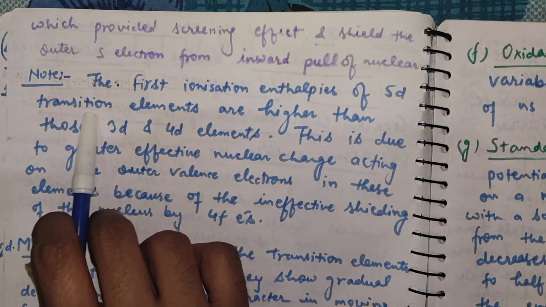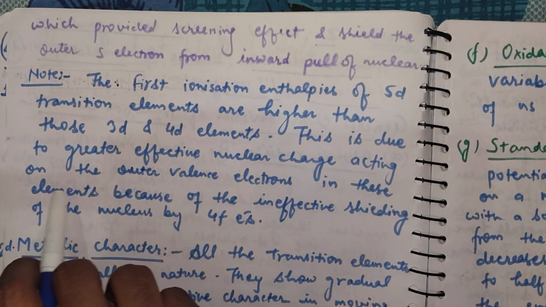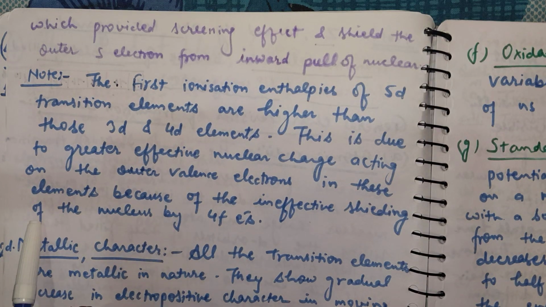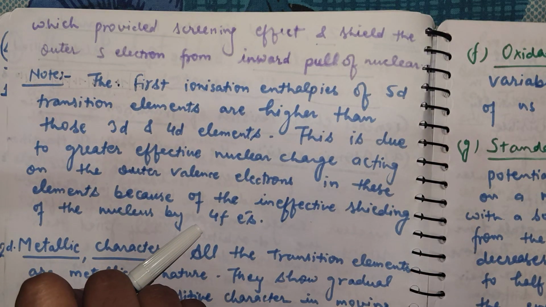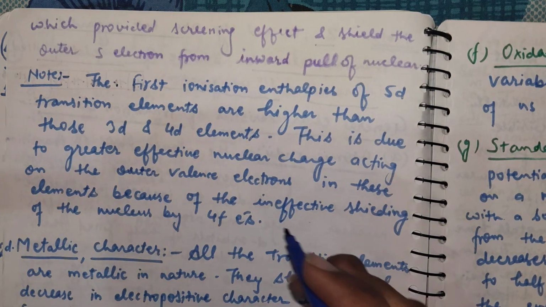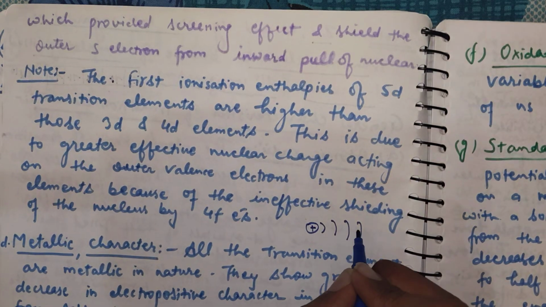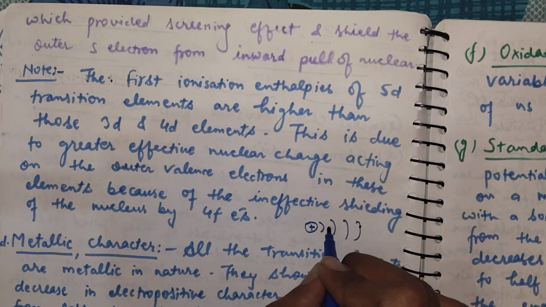The first ionization enthalpies of 5d transition elements are higher than those of 3d and 4d elements. This is due to greater effective nuclear charge acting on the outermost valence electron in these elements because of the ineffective shielding of the nucleus by 4f electrons. So one thing you have to keep in mind: this is the number of shells, this is the nucleus. When the number of shells increases, the shielding effect is poor, so the outer electrons are not prevented from being pulled inward toward the inner shells.